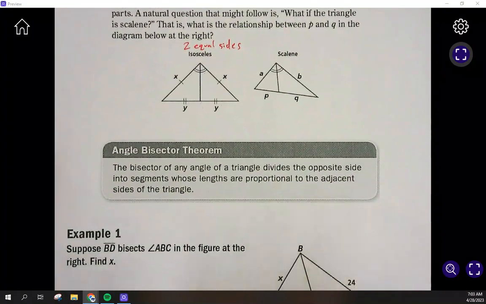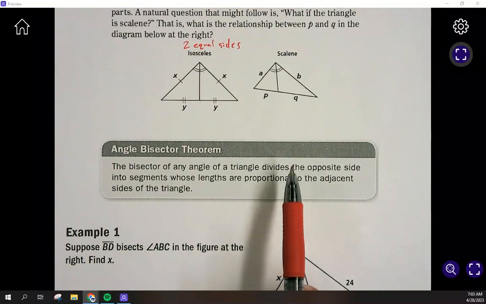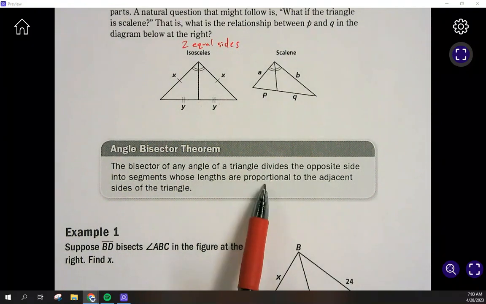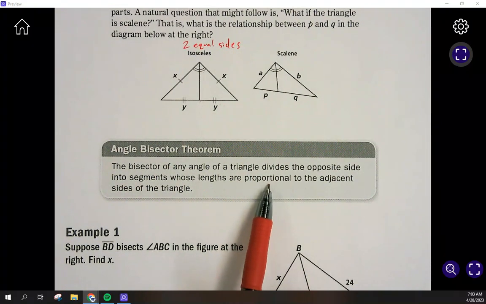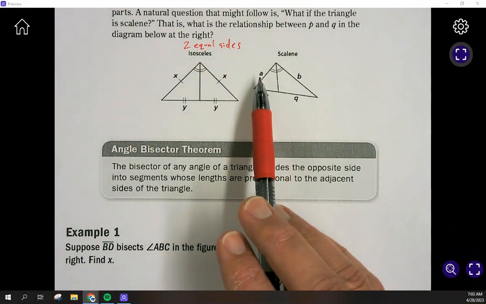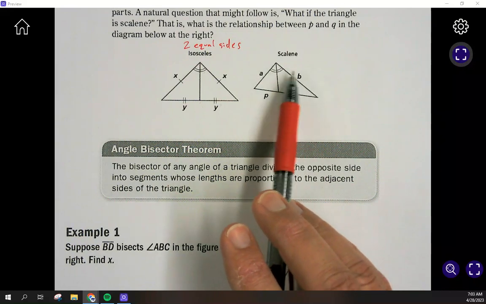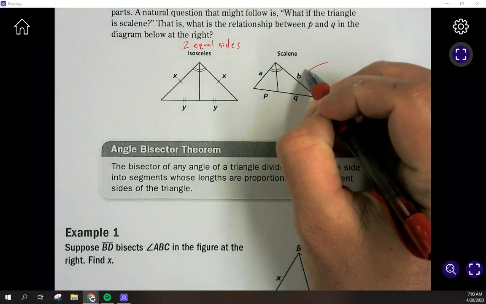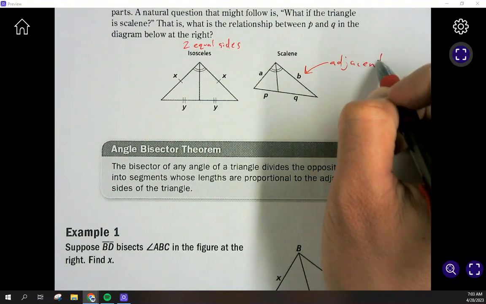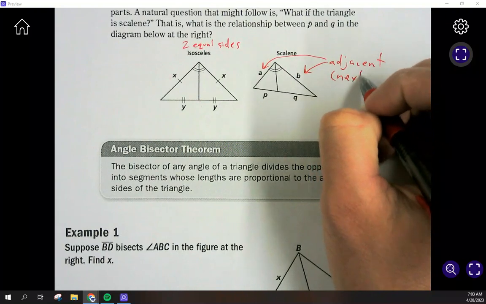So if we look at the angle bisector theorem, the bisector of any angle of a triangle divides the opposite side into segments whose lengths are proportional, continuing with what we've been looking at, to the adjacent sides of the triangle. So adjacent means next to. So the angle that's being bisected, the adjacent sides are A and B. Remember that means next to.